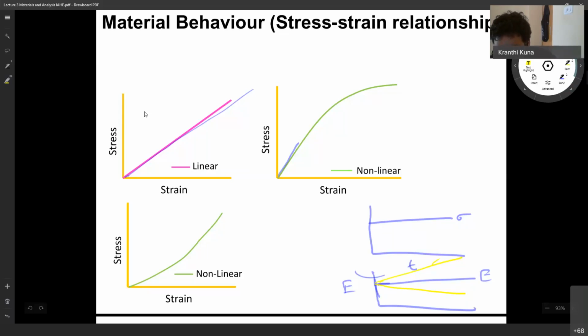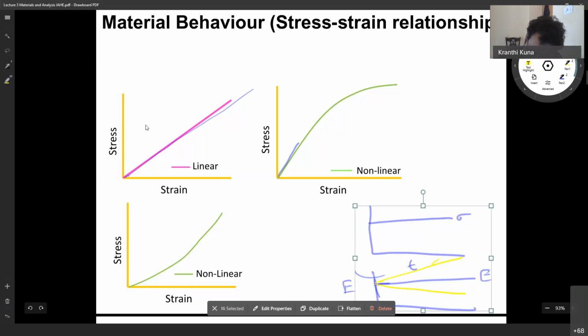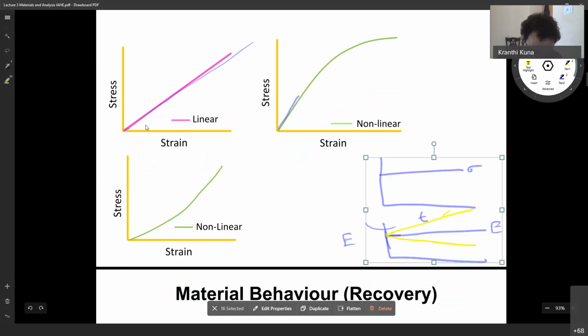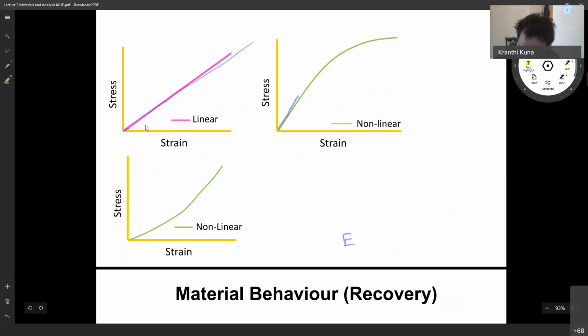Oh, sorry, this is stress. I plotted it wrong actually. With an increase in the stress, if your stress is increasing and your modulus is remaining constant, that is linear.